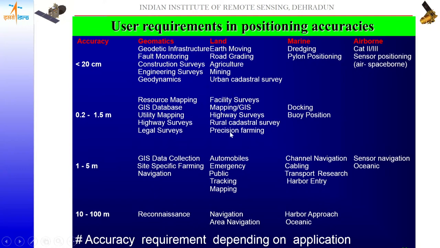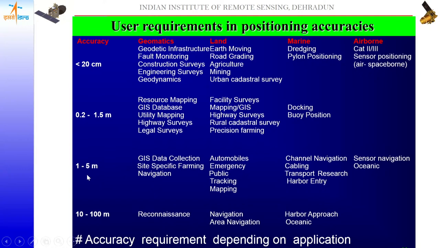Then on land, facility survey, mapping, GIS, highway surveys, rural cadastral survey, precision farming. All this can be provided at this accuracy. Then marine docking, buoy positioning can also be done.